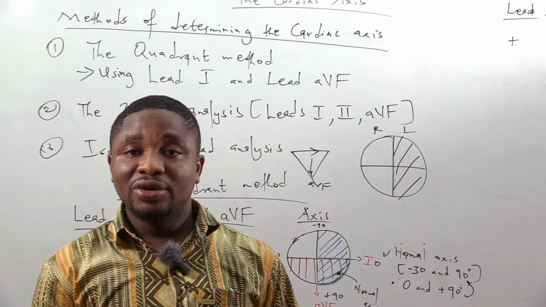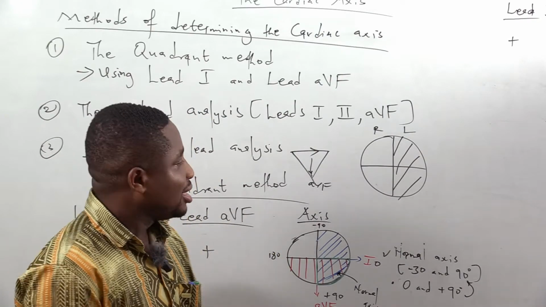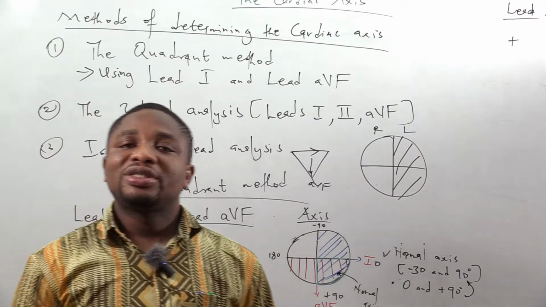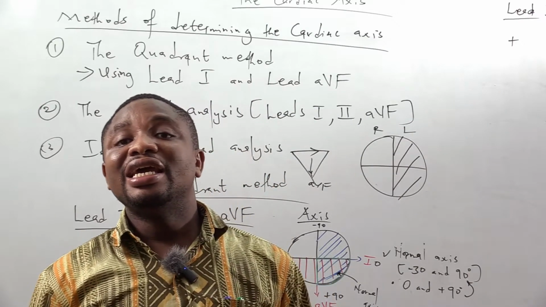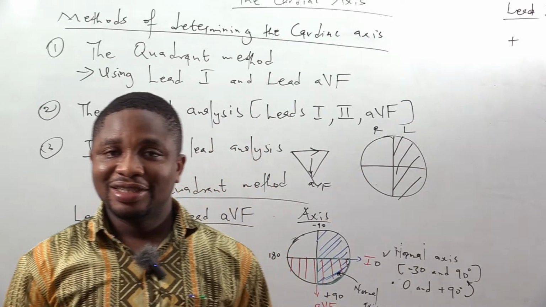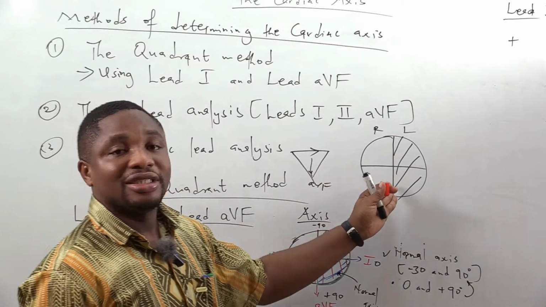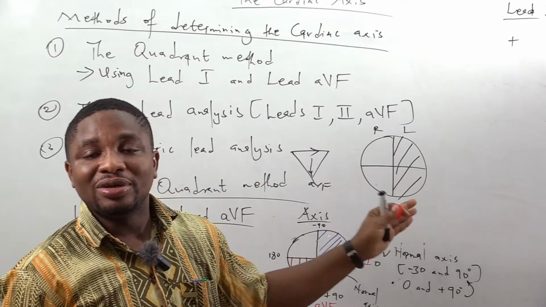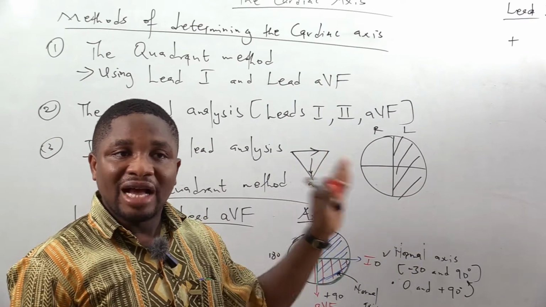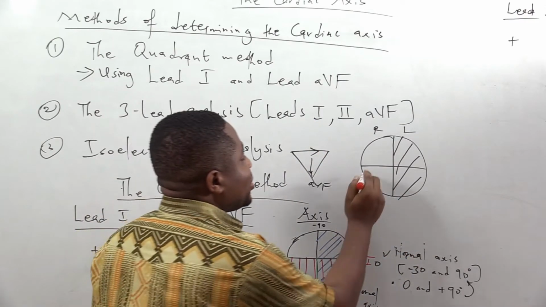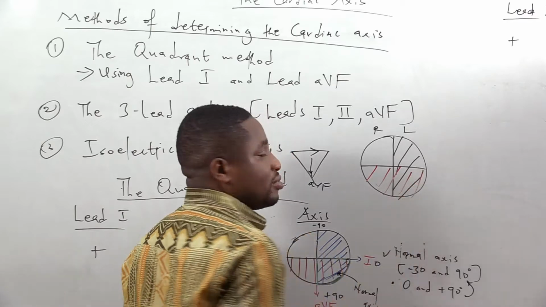Definitely it points inferiorly. So if the QRS complex is positive in lead aVF, then we are going to have shading being done in the what? The inferior half. So in this case, we are going to have this.